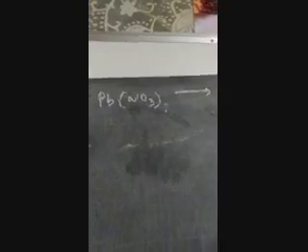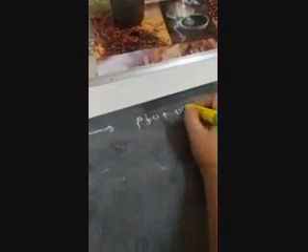When decomposed we get metal oxide, nitrogen dioxide and oxygen. So here you are getting the metal oxide, which is basic in nature. This way also the bases are being prepared.